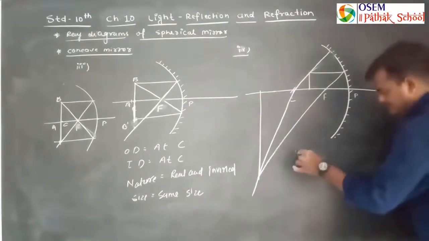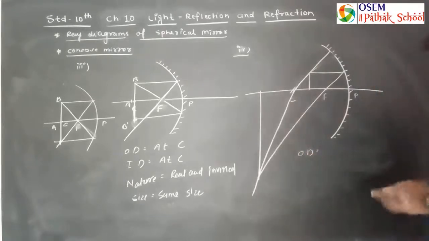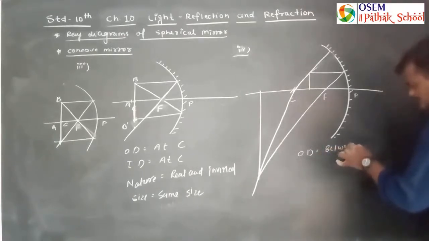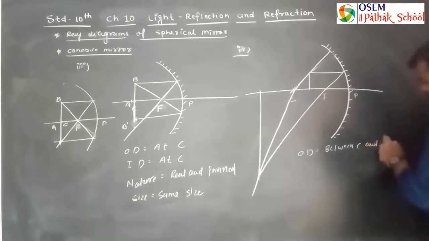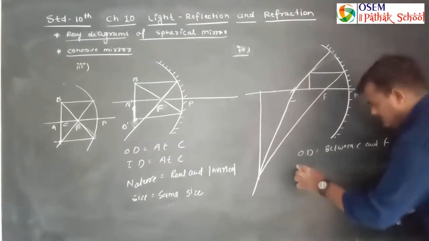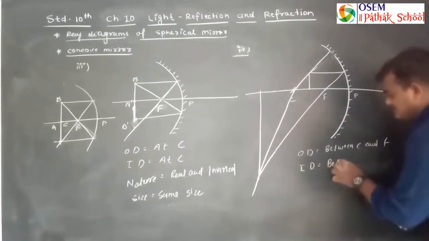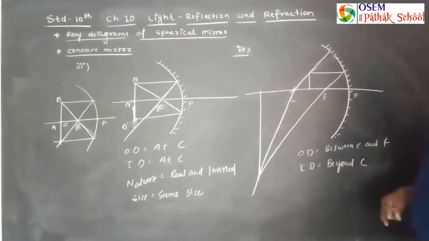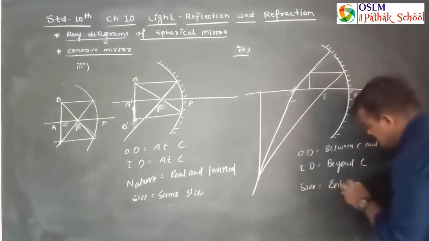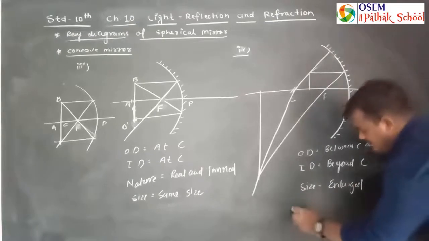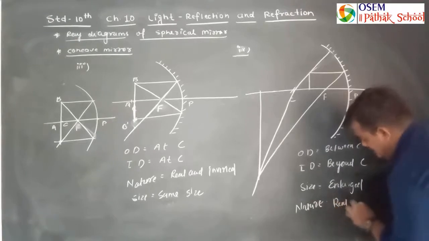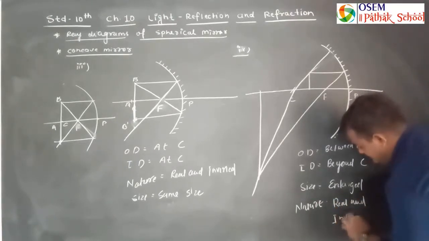So object distance for this case, it is between C and F. Image distance which I am putting here, image I obtained, image distance beyond C, size of the image, enlarged means big image, and nature real and inverted image is created.